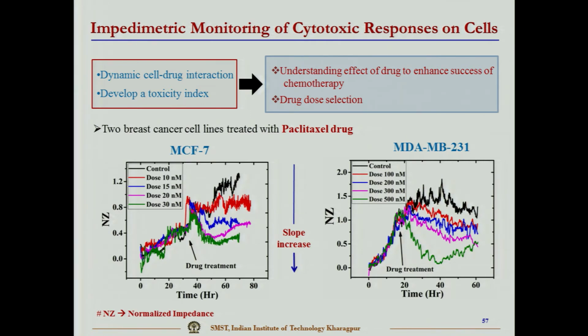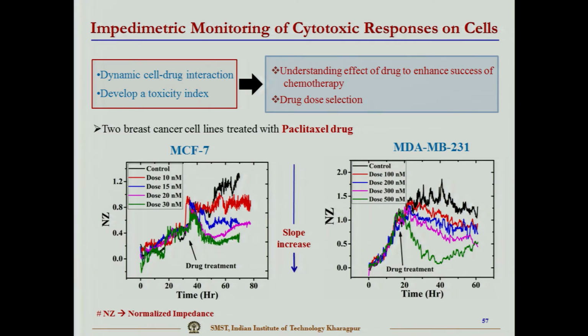Now at about 30 hours we start giving the drug paclitaxel at different doses: 10 nanomolar, 15 nanomolar, up to 30 nanomolar, in different petri dishes. And then we continue to measure the bioimpedance.